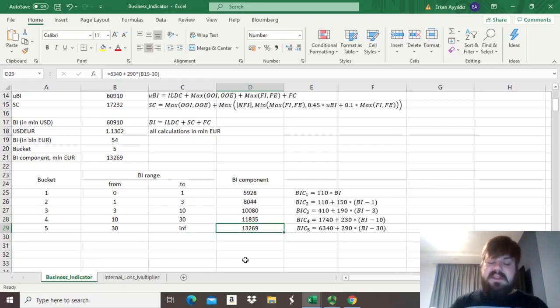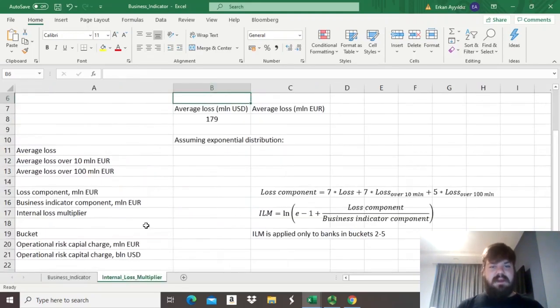So we have figured out our business indicator component, but that's not all we need to do to calculate our operational risk capital charge. The second and arguably equally important contributor to the final value of the capital charge is the internal loss multiplier.